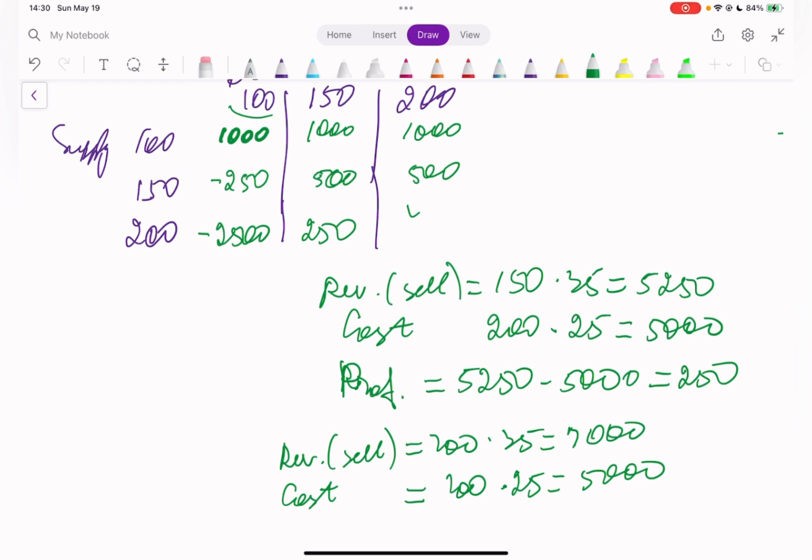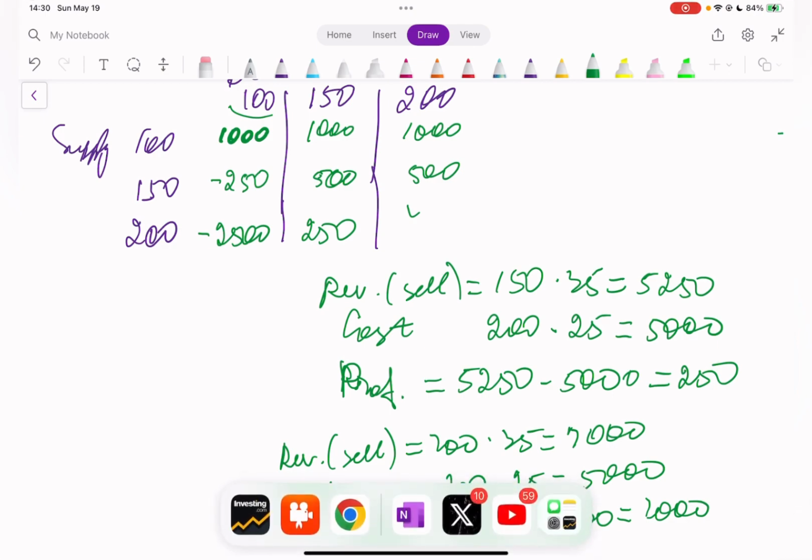So from here, profit is going to be 7,000 minus 5,000, and it's going to be 2,000. Okay, those are all our solutions.